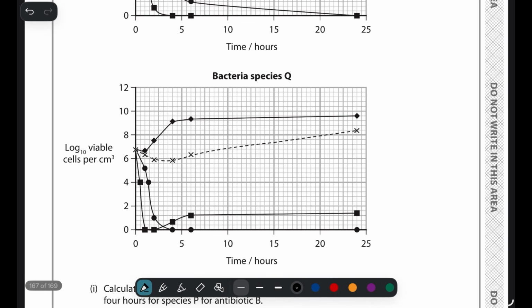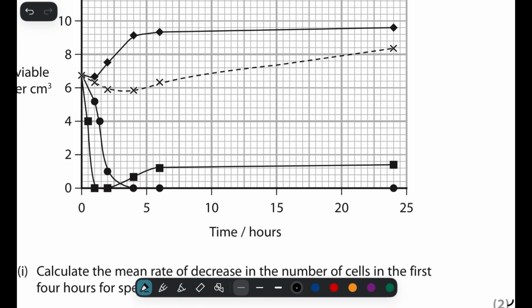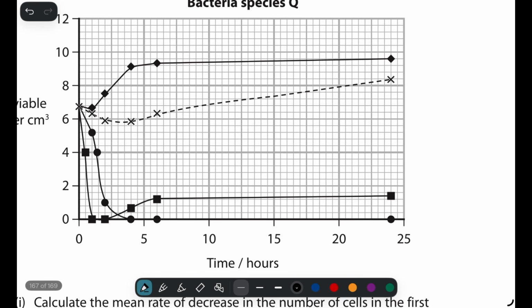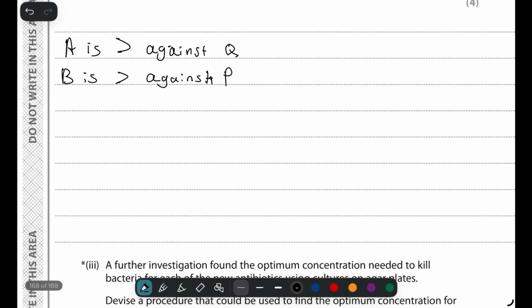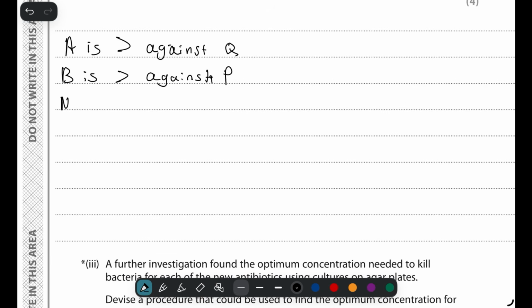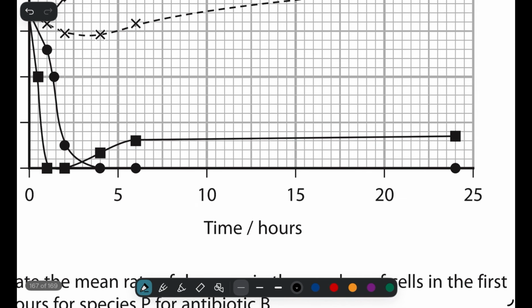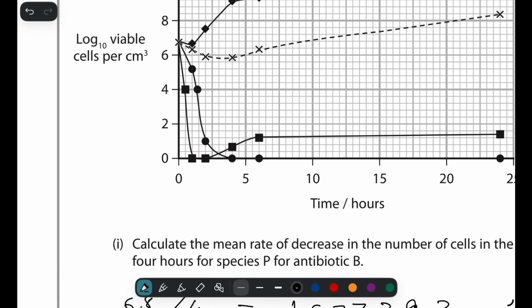So in terms of what happened with Q, I would definitely mention that the bacteria are resistant to antibiotic B, so bacteria Q is resistant to B. I would maybe mention specifically that that's happened at low values.